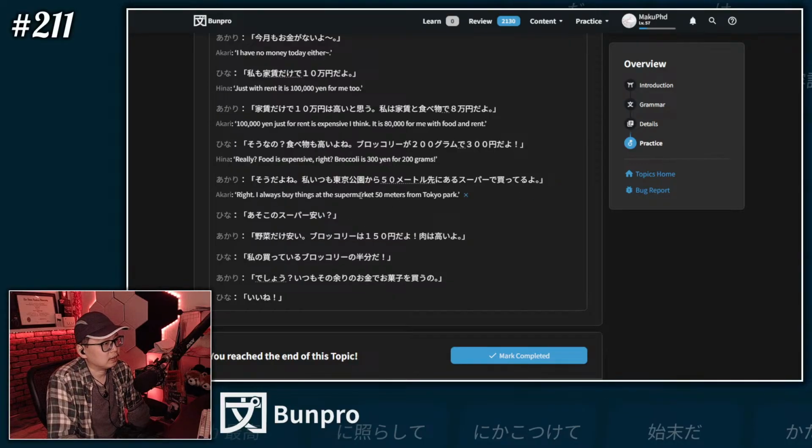So the supermarket, 50 meters, not 50%, 50 meters. My bad. I'm not sure about saki. Maybe that's a... It says in front, but it looks like it's another way to express from. Okay.